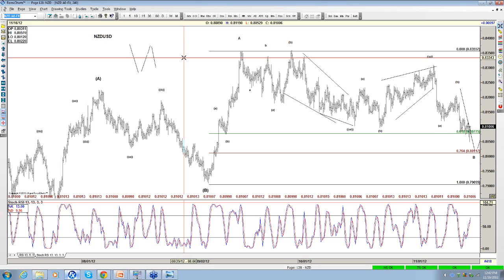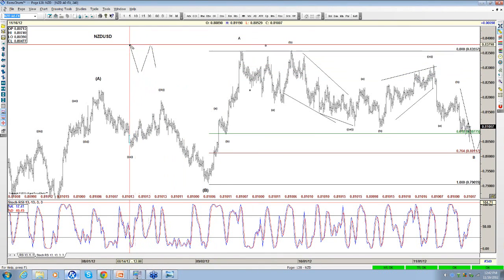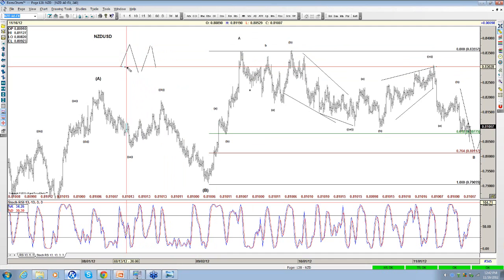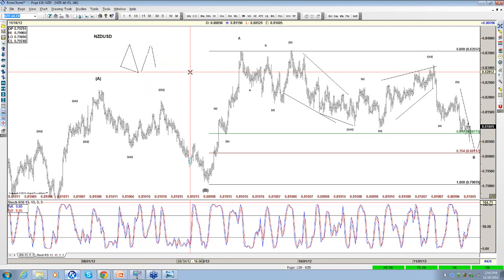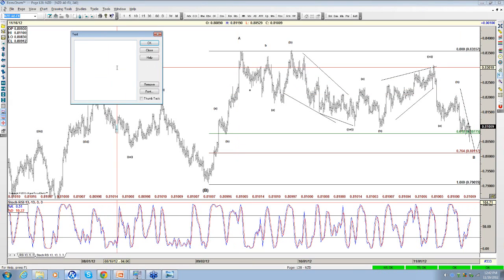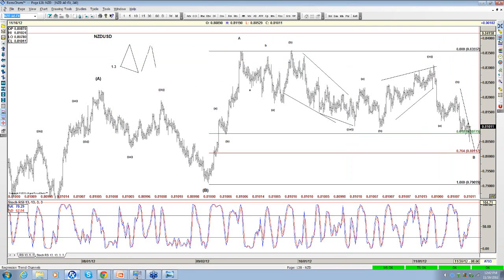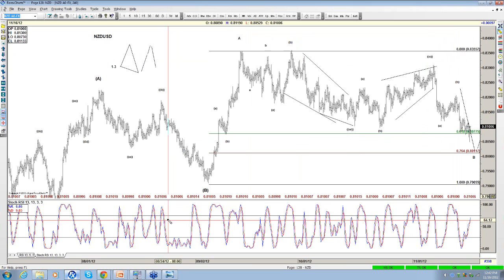Now, what happened is that this move here is wave 1 to wave 3. And then when that happened, this indicator becomes obsolete, doesn't work.